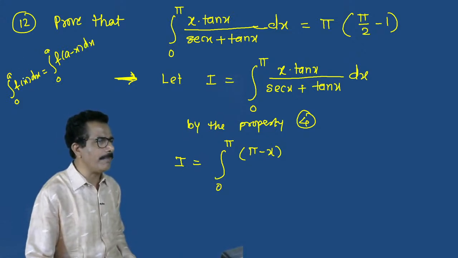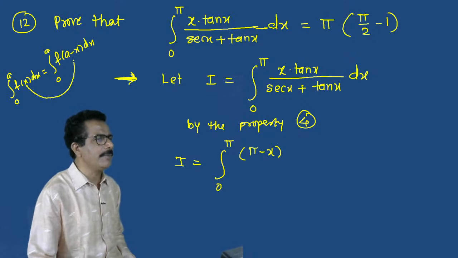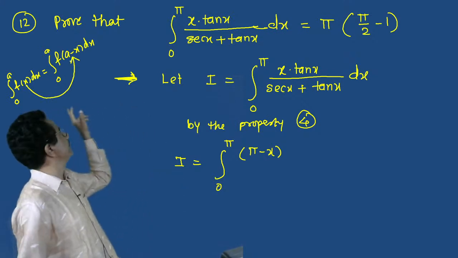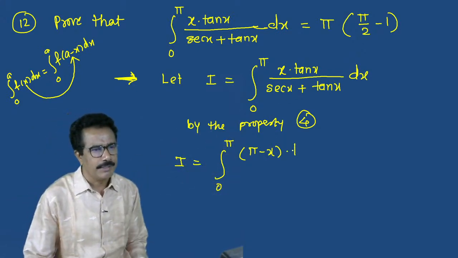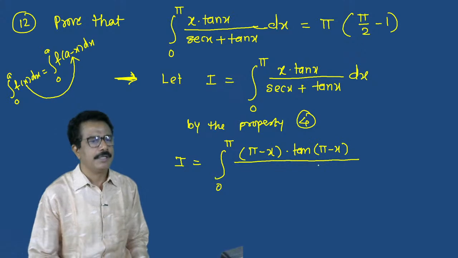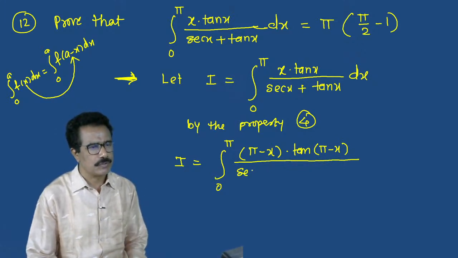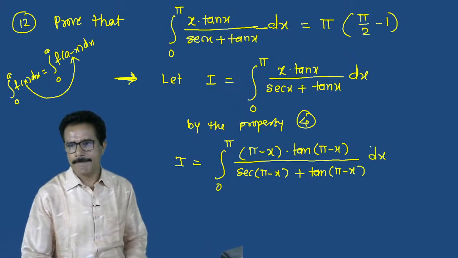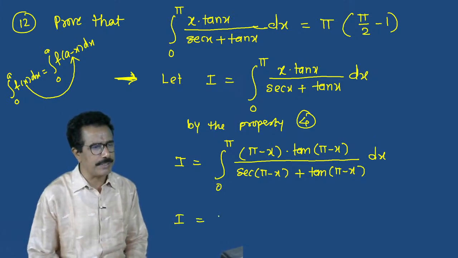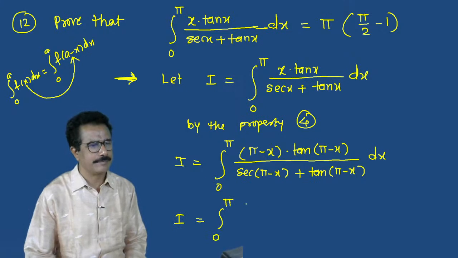So in place of x, we write pi minus x into tan of pi minus x divided by sec of pi minus x plus tan of pi minus x dx. So I is equal to the integral from 0 to pi, with pi minus x as it is, tan of pi minus theta.